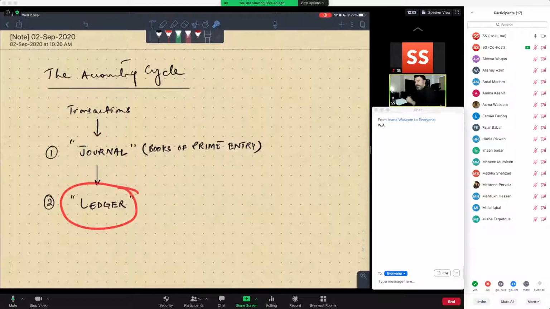the ledger. Then, before I move on to the next stage of the accounting cycle, a natural question comes to mind: why do we have to double the workload? Why can't we just do away with one book every time? Basically the purpose is to keep a record of your transactions.